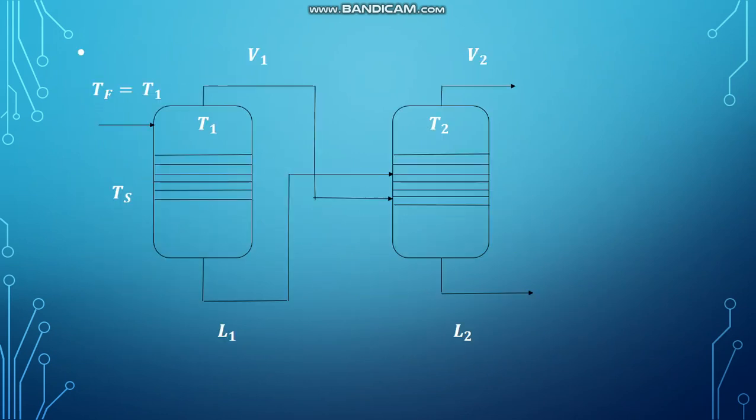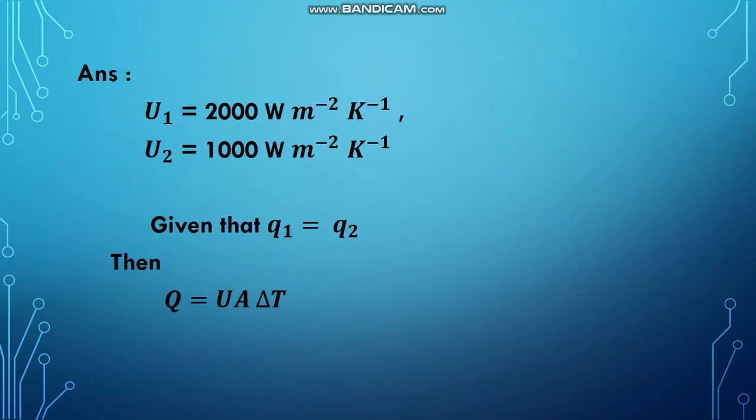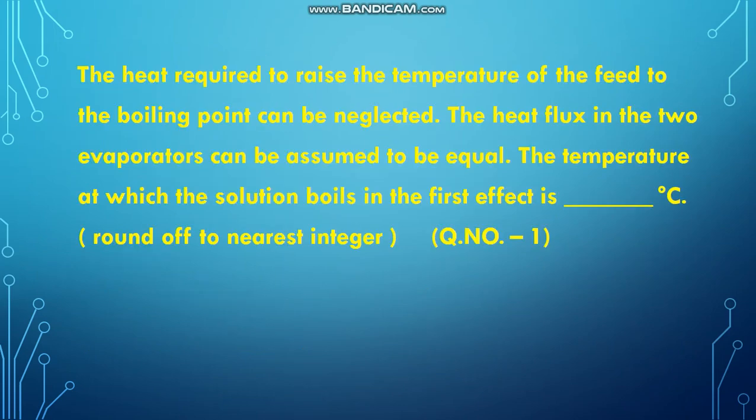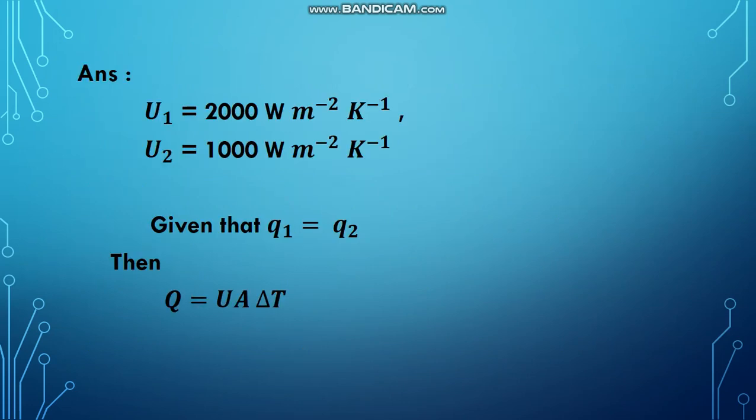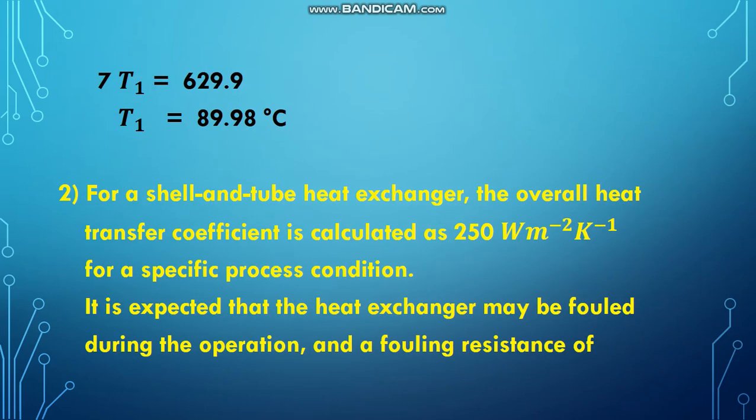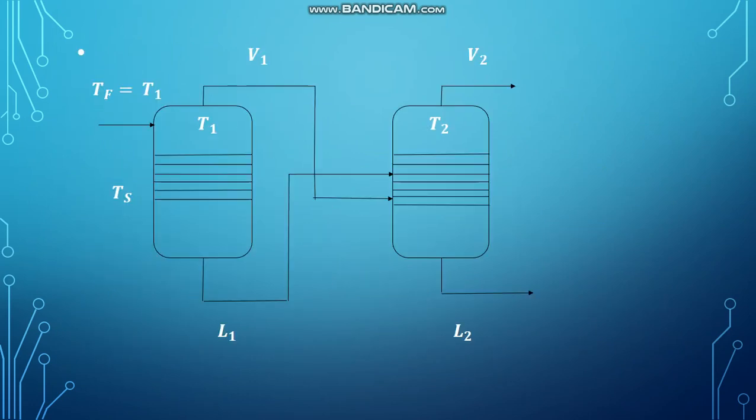So the temperature of the solution in the first effect evaporator is found out as 89.98 degrees centigrade. It's almost 90 degrees centigrade.